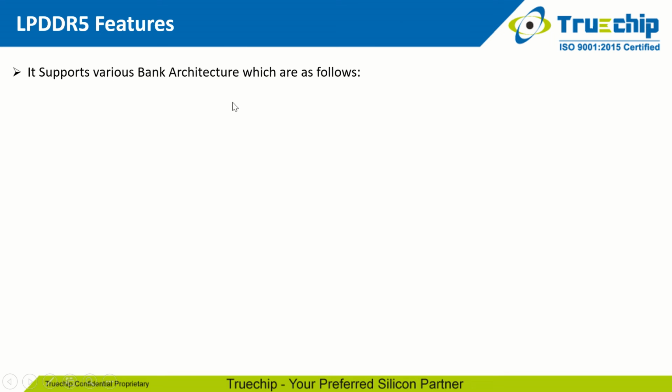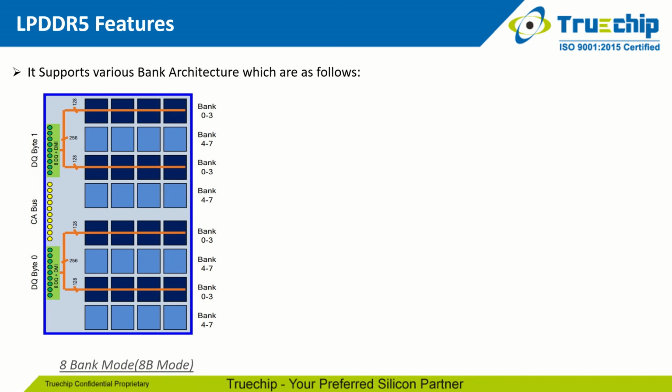LPDDR5 supports various bank architectures which are as follows. 8B mode, which consists of 8 banks, as this mode doesn't consist of bank groups and only supports burst lengths of 32. 8B mode is only present in LPDDR5 SDRAM and not supported in the case of LPDDR5X SDRAM.